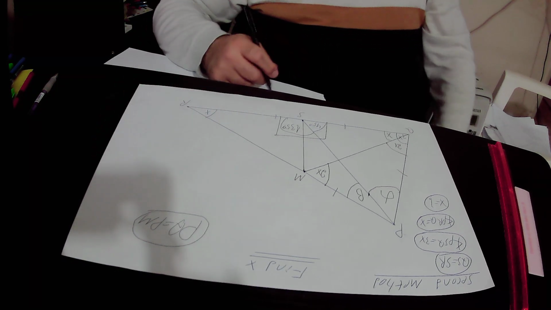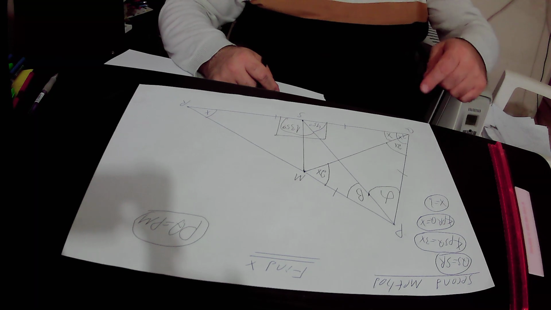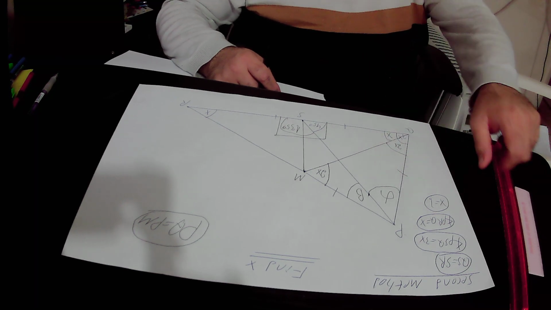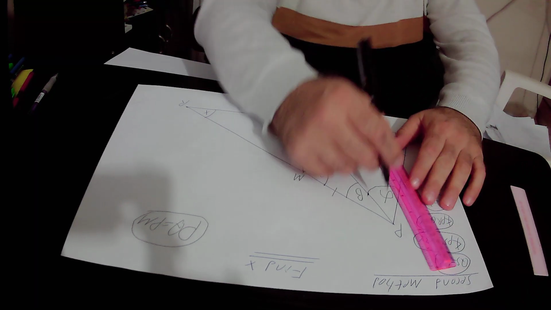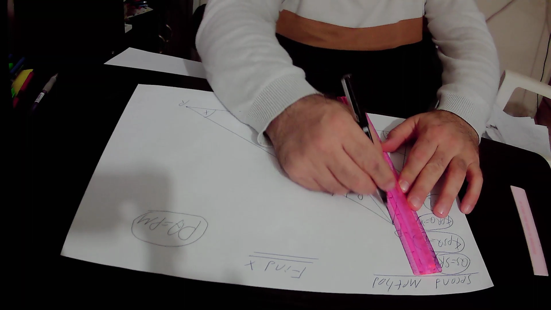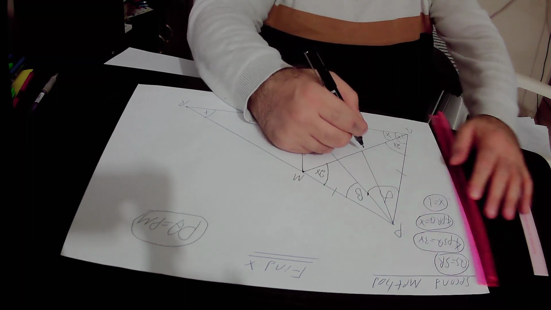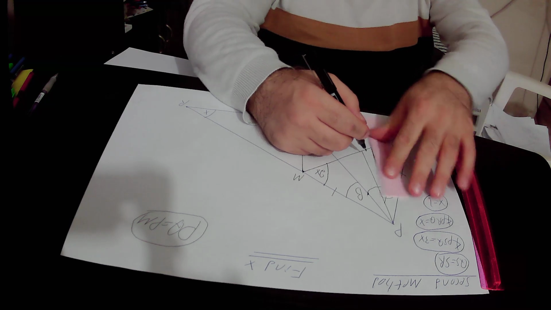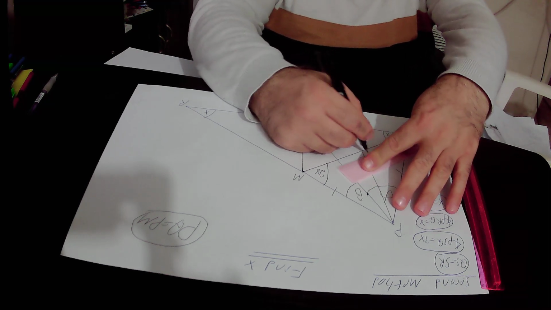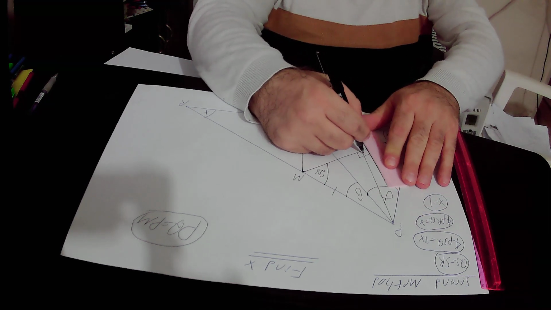In the next step, I will draw a perpendicular from point P to QM. So this angle equals 90 degrees, and this angle also equals 90 degrees.